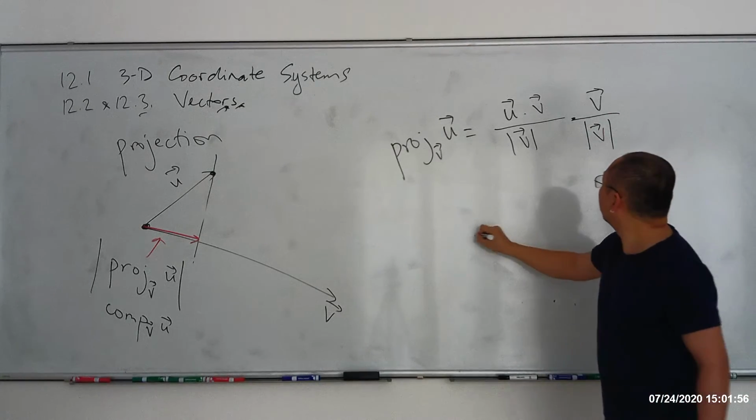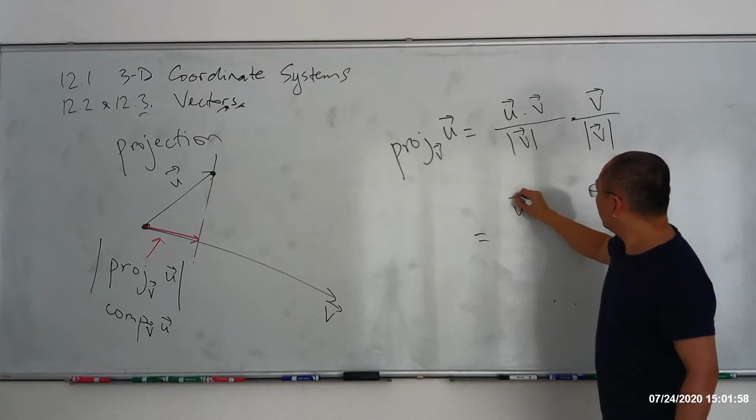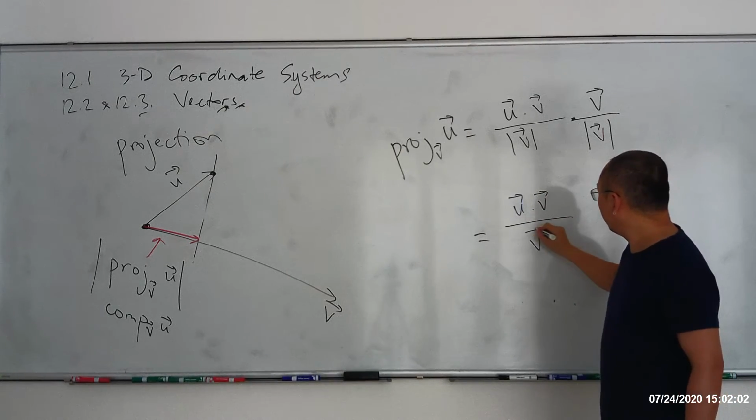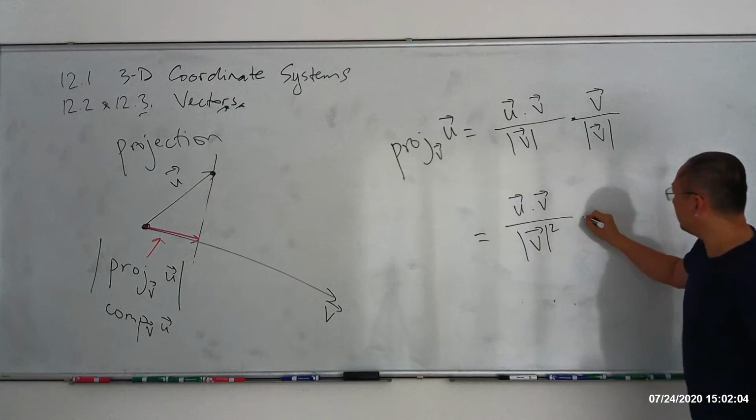Or in short, people write it this way: u dot v over the squared magnitude of v, times vector v.